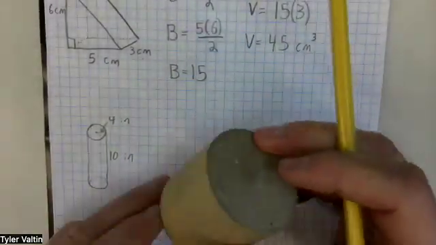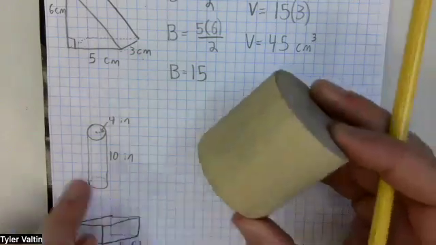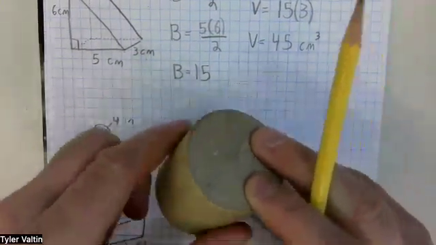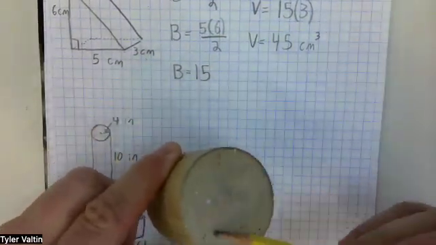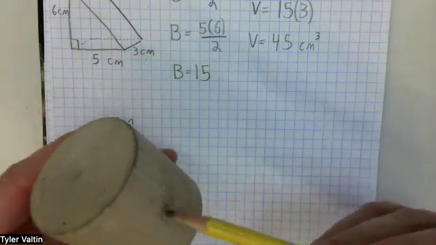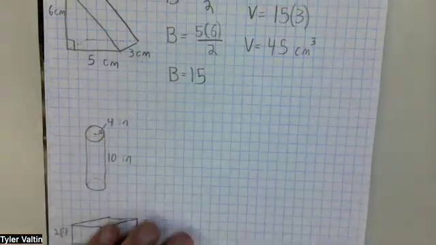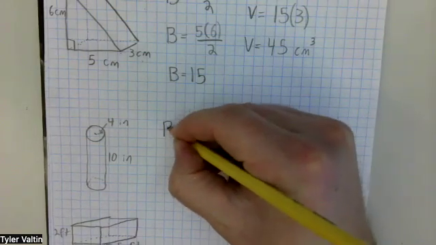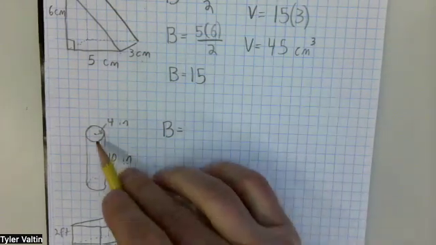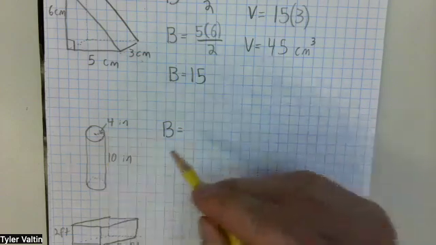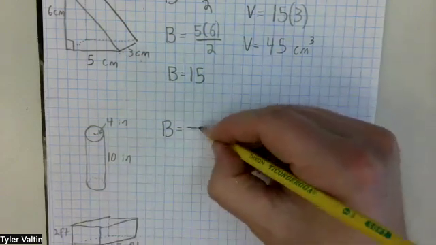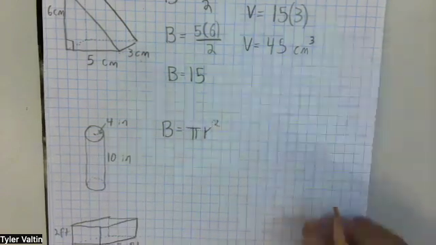Here's a cylinder, the three-dimensional object here. So I need to find the unique shape. In this case, it's the circle, and then multiply it by the height. That's what my formula calls for. So the first thing I need to do is find big B, which is the area of the circle. We know that the formula for the area of a circle is pi r squared.